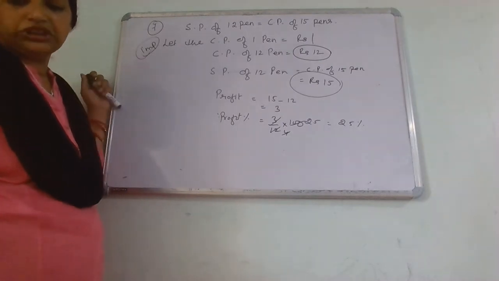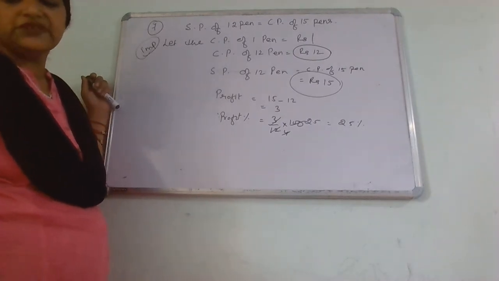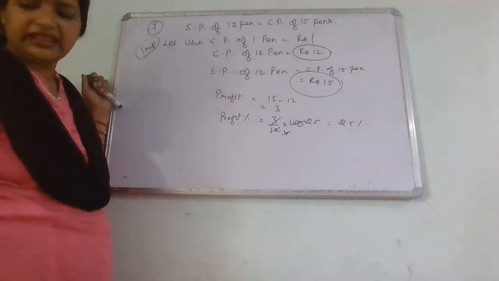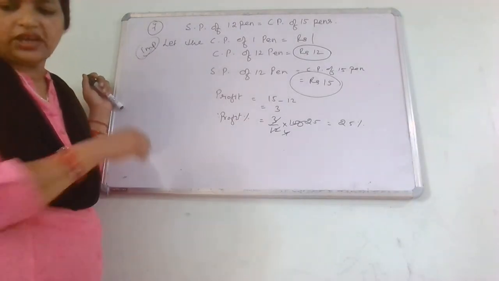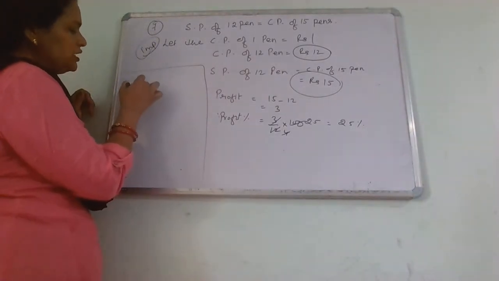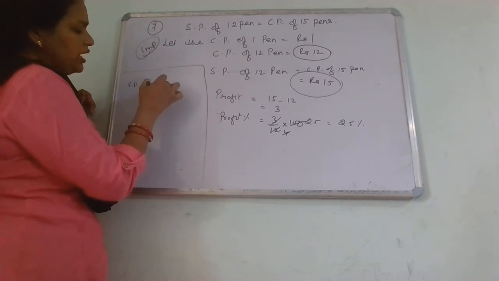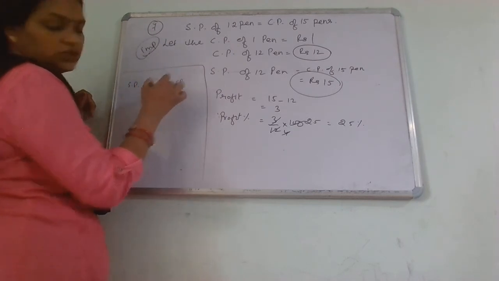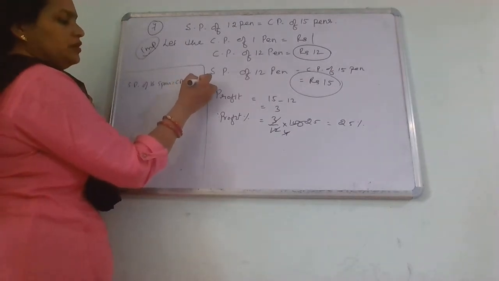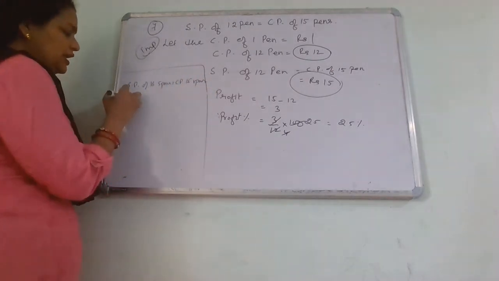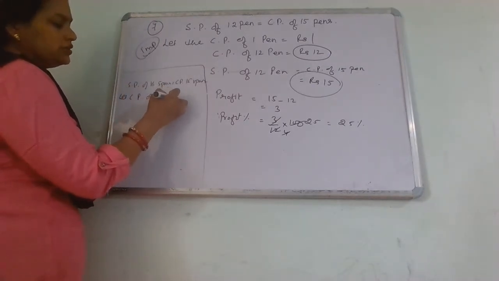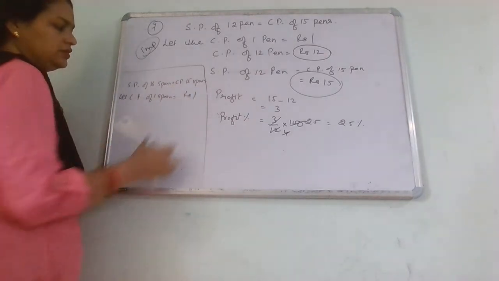The same type of question is the next one also. The selling price of 16 spoon is equal to the cost price of 15 spoons, and then find his loss percent. So here what you will do is: selling price of 16 spoon is equal to cost price of how many? 15 spoon. So here I will say let CP of 1 spoon be Rupees 1.